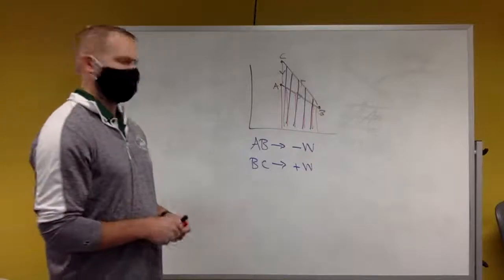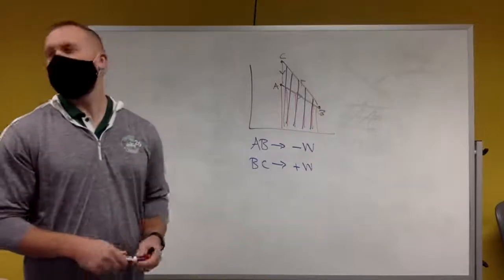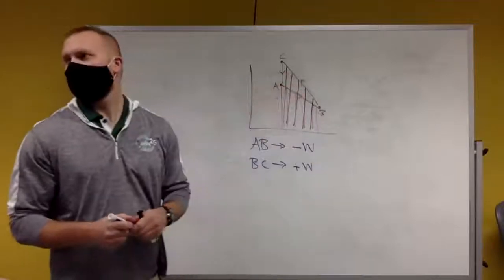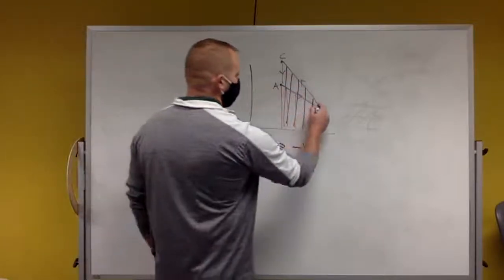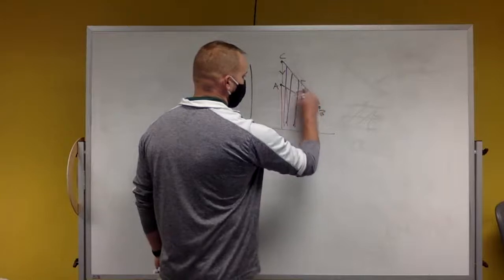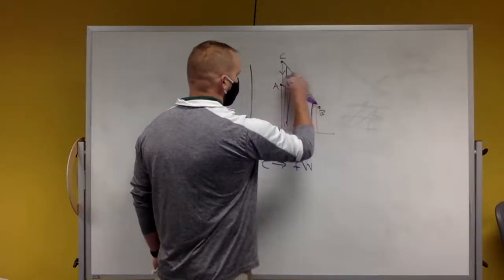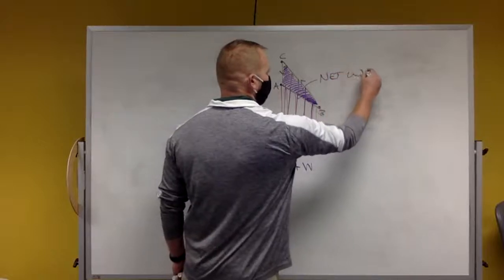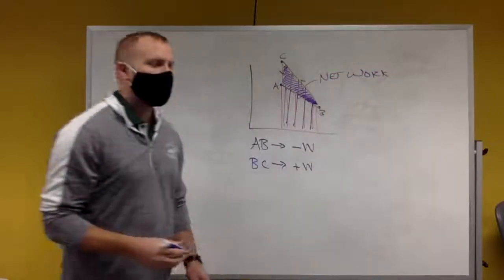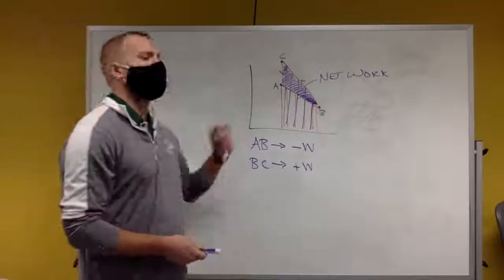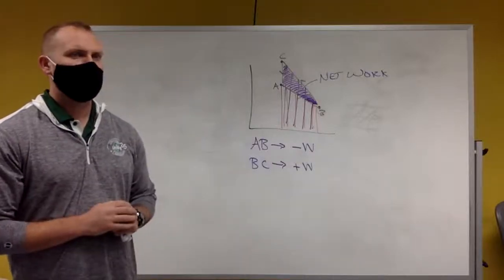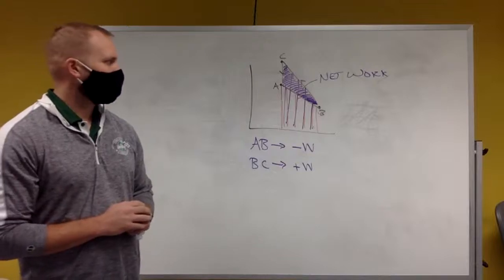BC is greater, has a larger area. So the net work is how much larger that is. The difference of the works. Add up the works. Cool with that? That's the answer to C.